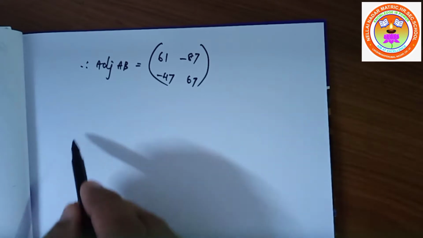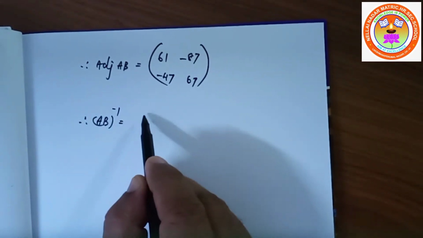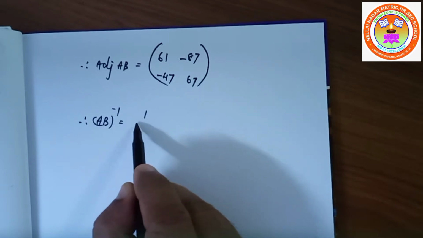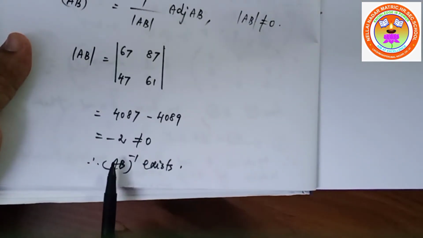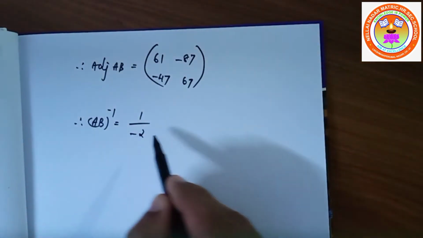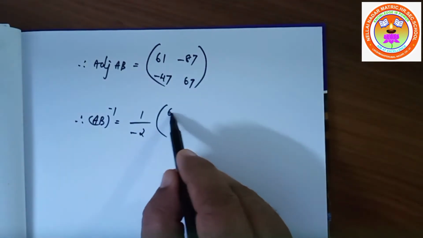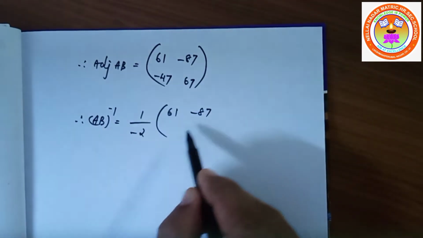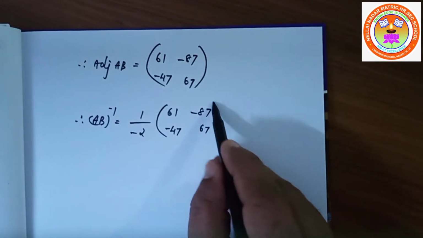Therefore, we can find (AB) inverse. The formula is 1 by determinant of AB. Determinant of AB is minus 2, already we got it, into adjoint of AB, which is 61, minus 87, minus 47 and 67.